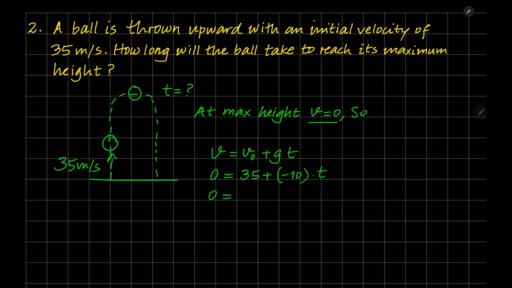And 0 is equal to 35 minus 10 t, which implies that 10 times t is equal to 35. That means t is equal to 35 divided by 10, which is 3.5 seconds. That's the answer.